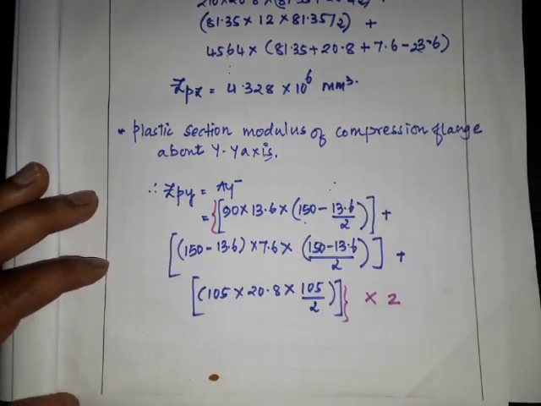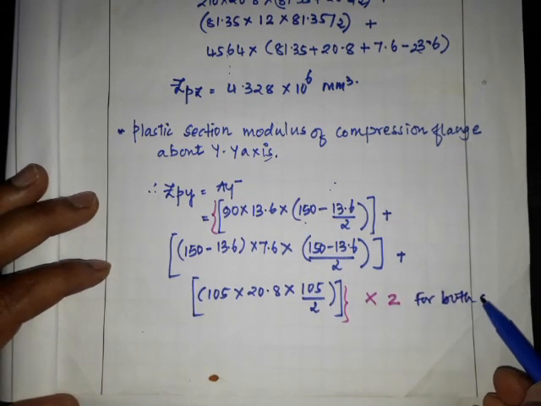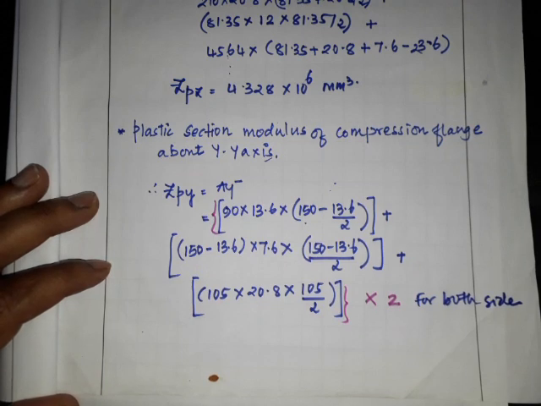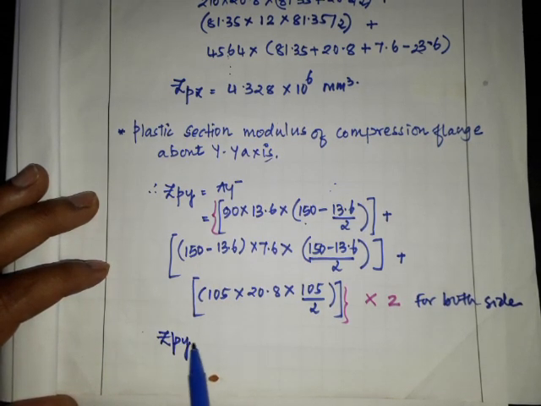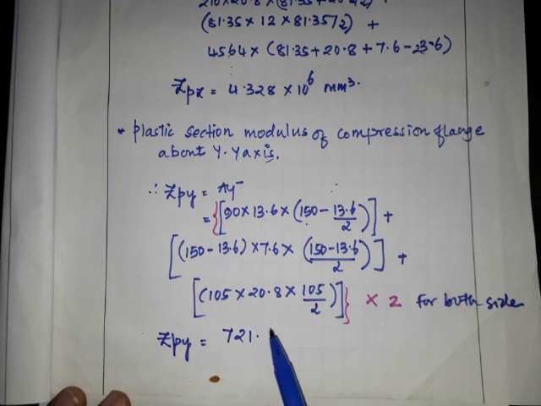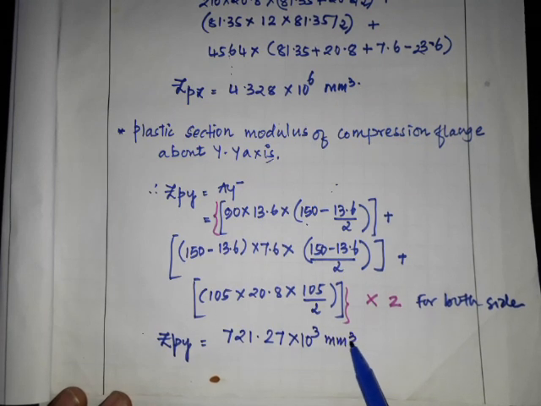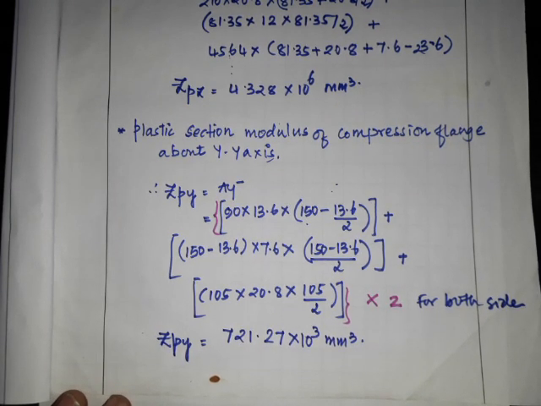So we get ZPY as 721.27 into 10 raised to 3 mm cube.